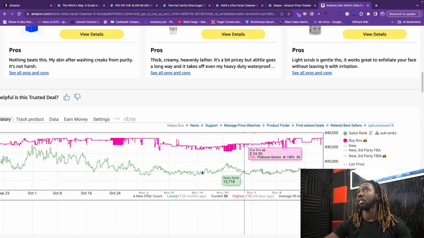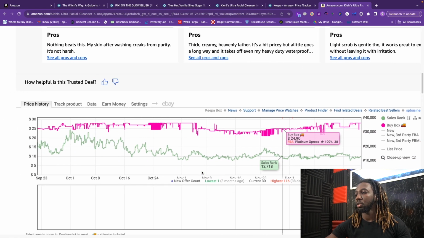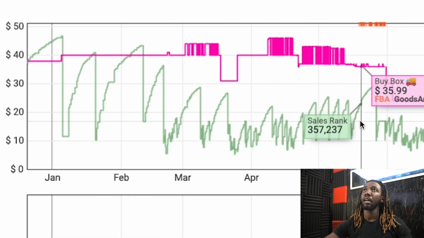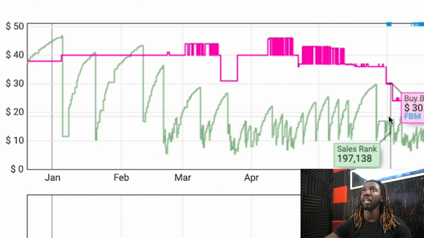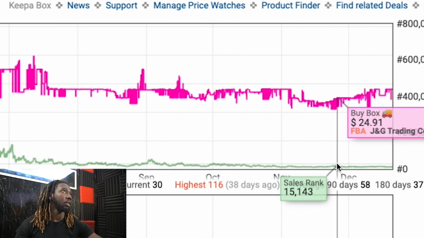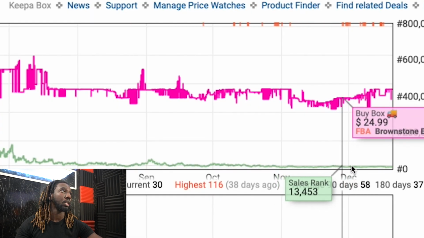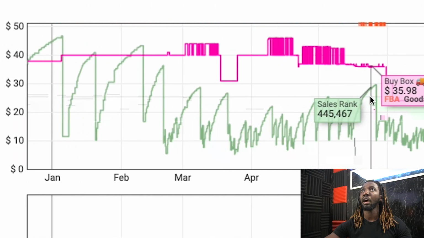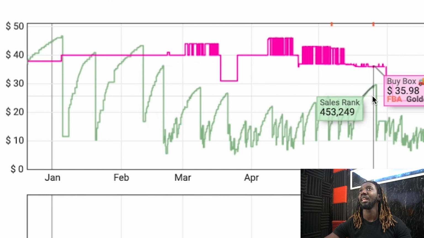And you can see here, I just noticed for the past year, around this time here, there's a big drastic change from here versus from here. In terms of the BSR, the sales rank, the green line, you can see that over here it was much higher, 400,000 sales rank, meaning it was moving a lot slower.